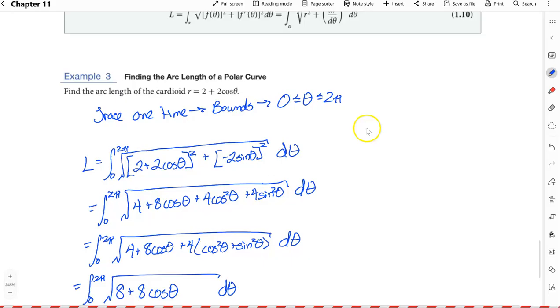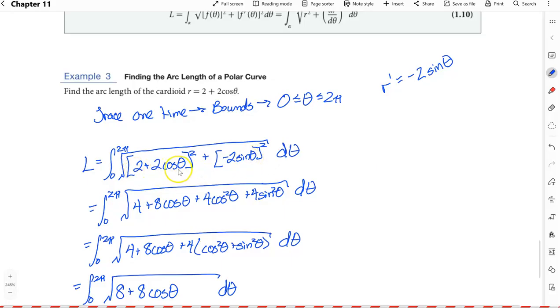So we're going to have to find our derivative of this. So r prime is equal to, when I take the derivative of 2 plus 2 cosine of theta, derivative of cosine is negative sine, so it's just going to be -2 sine of theta. So when I plug everything in my formula, it's the square root of r squared plus r prime squared.